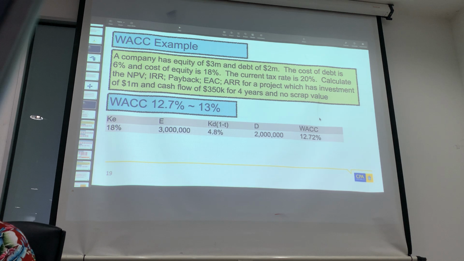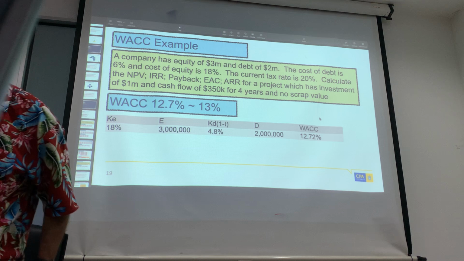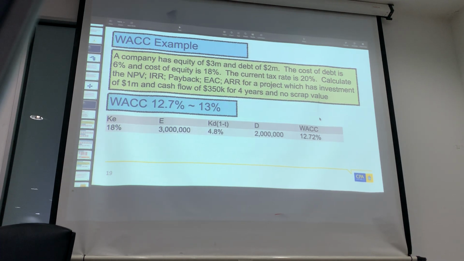You can do the next: IRR, NPV, and so forth. These formulas are there, but you can use the annuity factor as well.